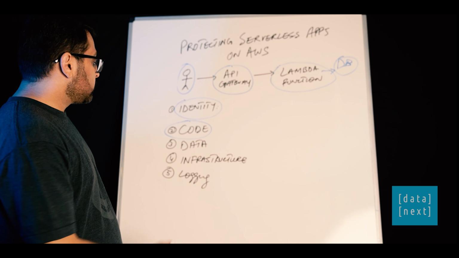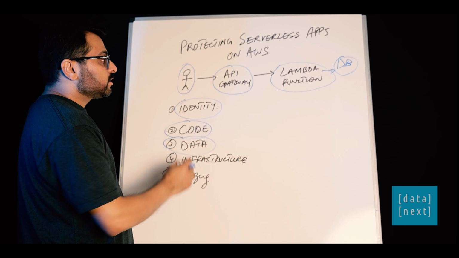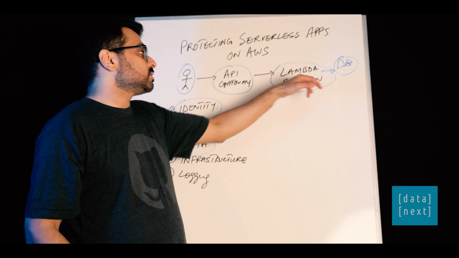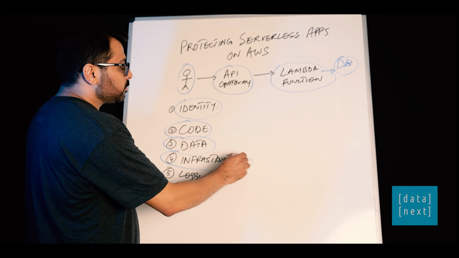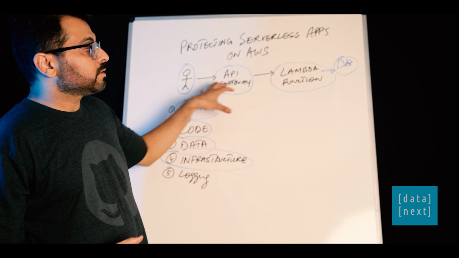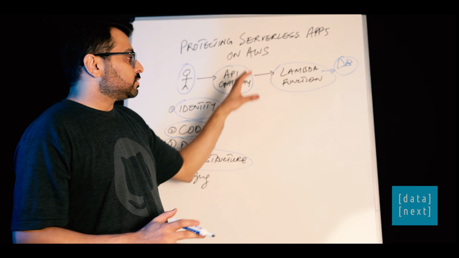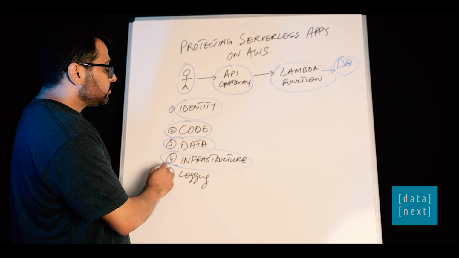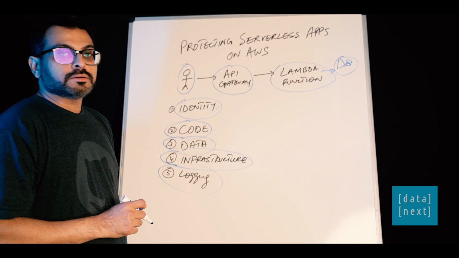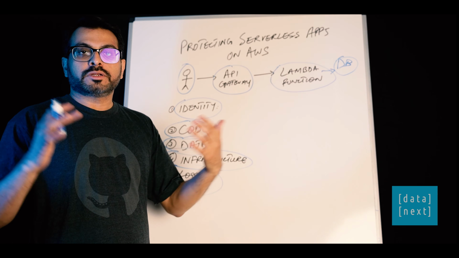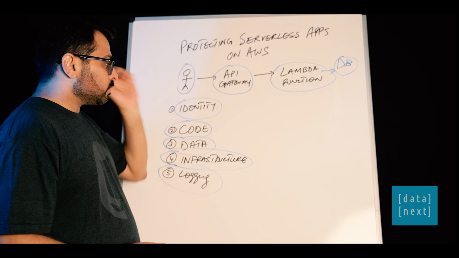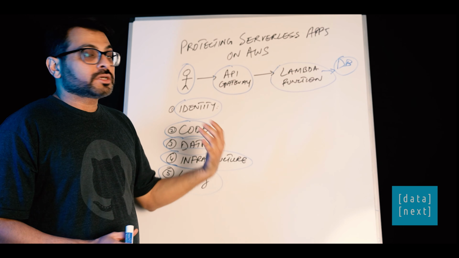Then we have to protect the data coming from the database, so make sure it's not exposed. Then we have to protect the infrastructure, the whole thing, the API Gateway and the Lambda functions running. And then we have to monitor as well, how everything is working and whether there are any security loopholes and so on.